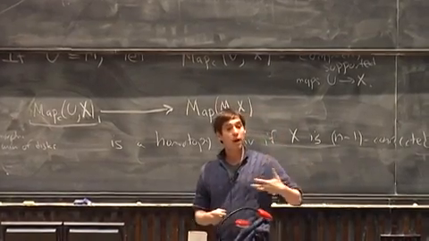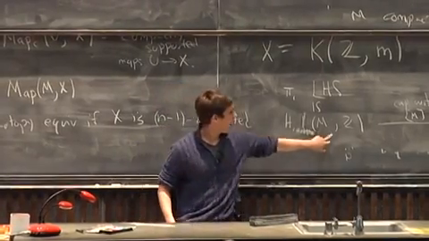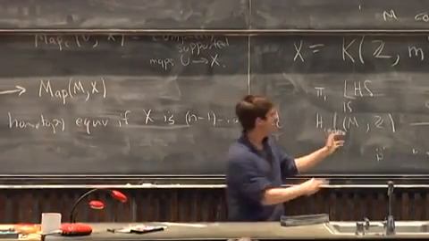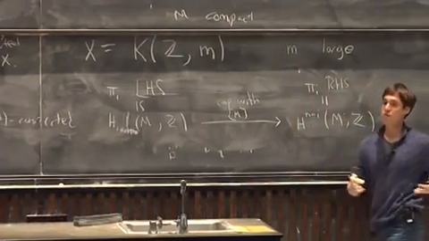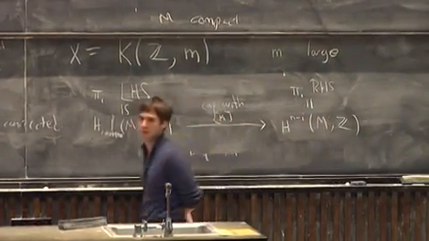So Poincaré duality for Euclidean space allows you to make this identification. And then this local to global principle is taking you from Poincaré duality for Euclidean space to Poincaré duality for an arbitrary manifold.